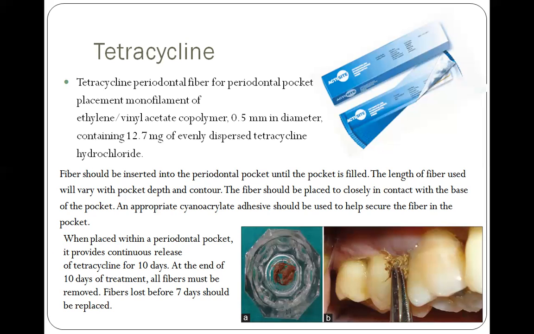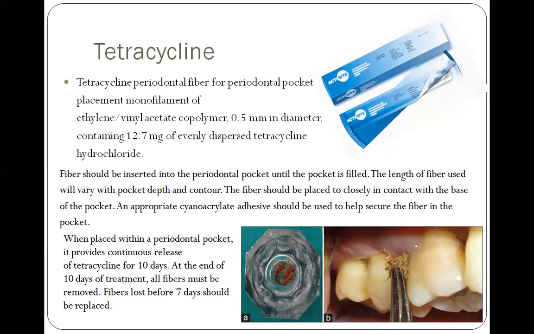When placed within the periodontal pocket, it provides continuous release of tetracycline for 10 days. So there is a slow and continuous release of tetracycline for 10 days. It's a full course of antibiotics. At the end of the 10 days of treatment, we have to remove the fibers if some of them are still there.